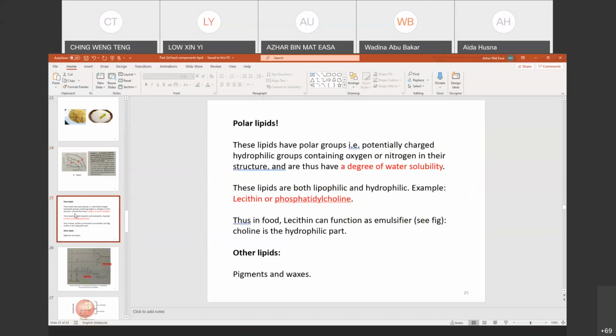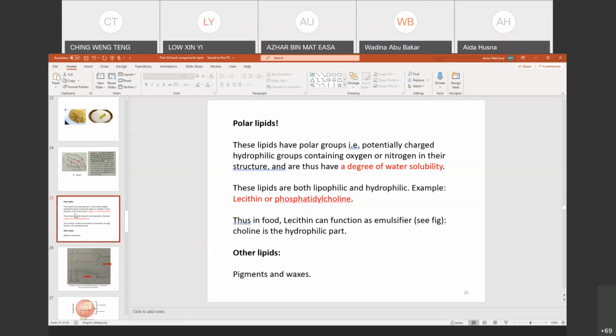Next, we talk about polar lipids. I want you to be surprised, but you are not surprised. Polar lipids. I thought lipids are non-polar, but there are polar lipids. These lipids have polar groups, potentially charged hydrophilic groups containing oxygen or nitrogen in their structure, and thus have a degree of water solubility.